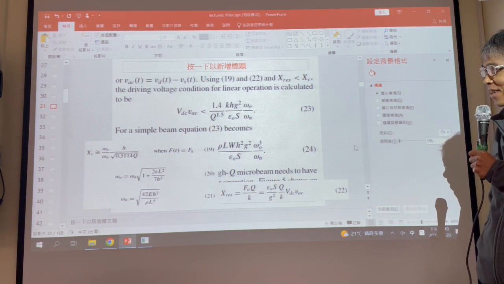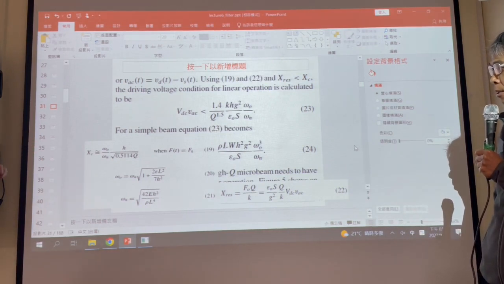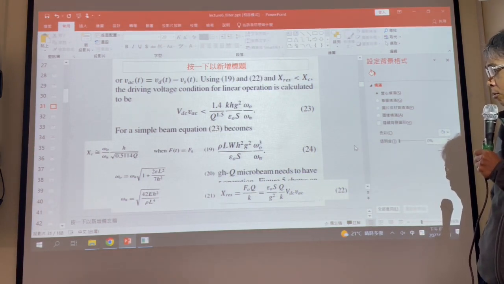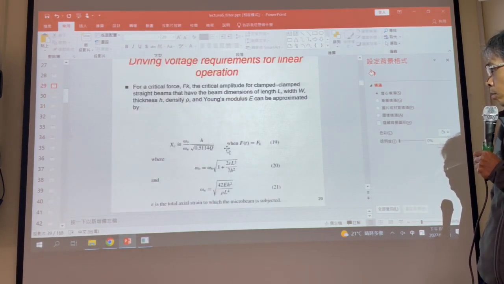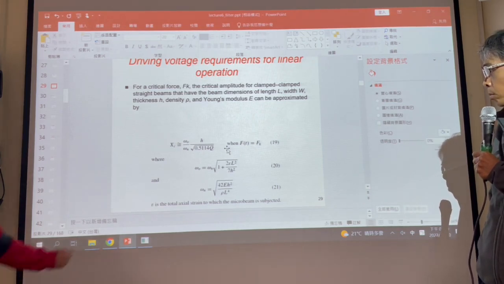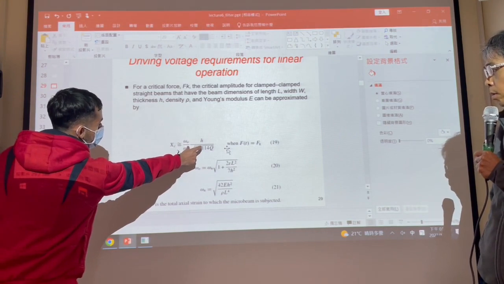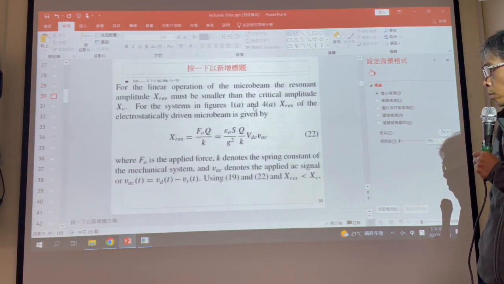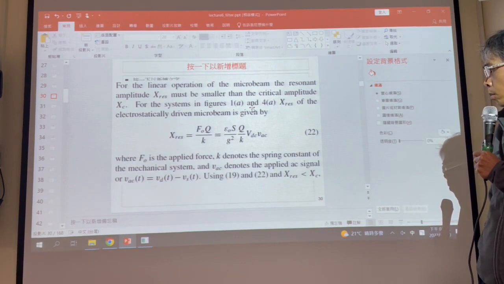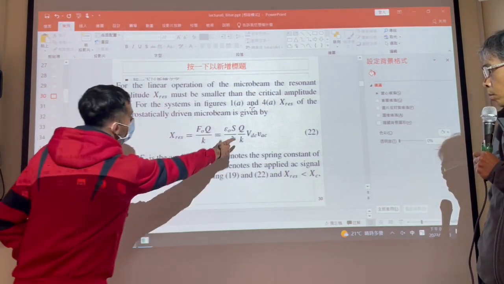Go ahead. I have compared equation 19 and 24. How did you compare? From equation 19, this part, and 22, this part.